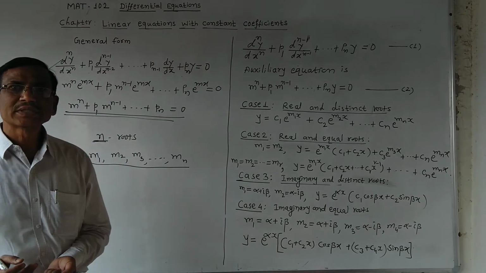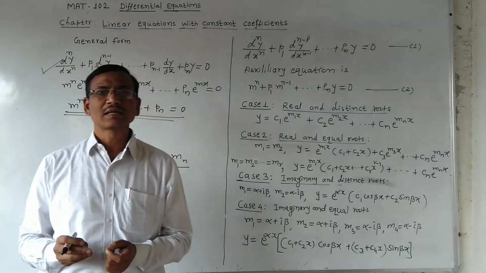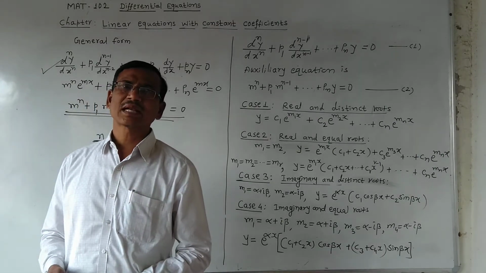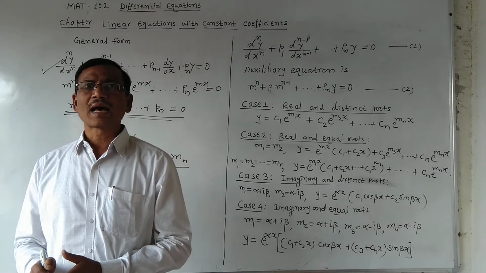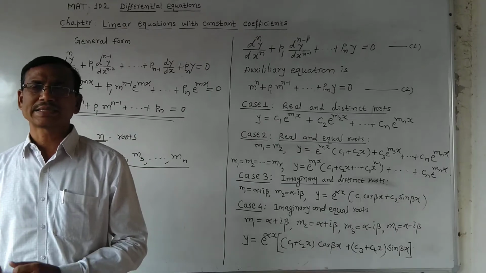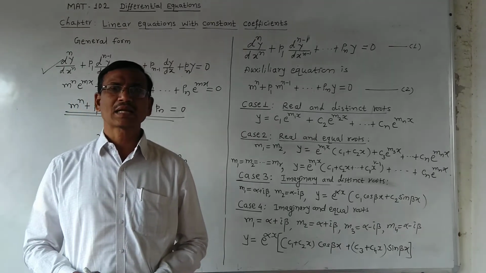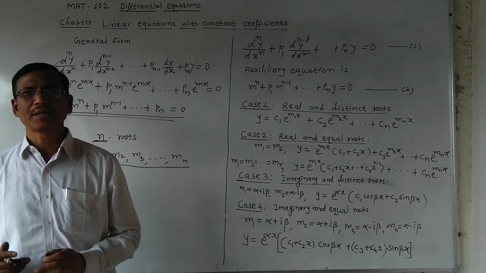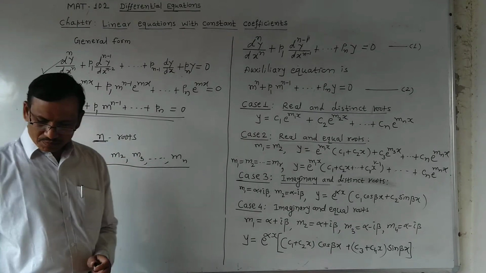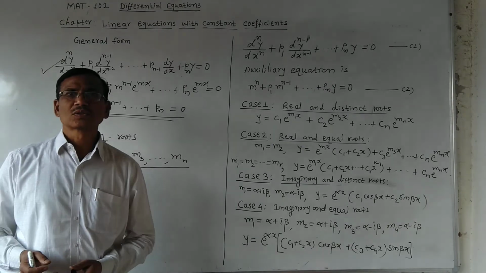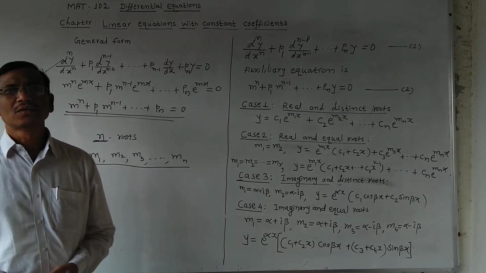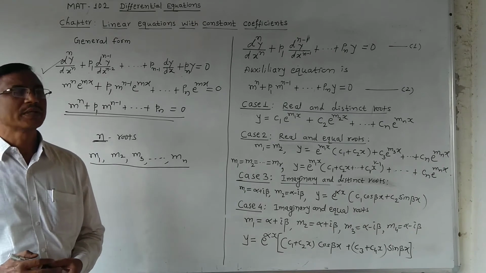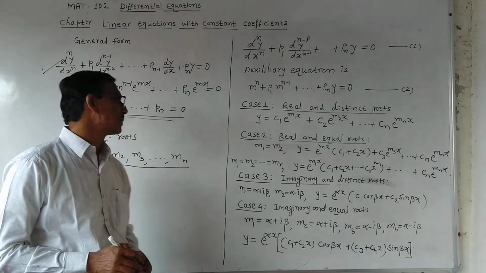In the second case, the roots are real and equal. In the third case, the roots are imaginary and distinct. And in the fourth case, the roots are imaginary and equal. Using these roots, we can write the solution of the given differential equation with constant coefficients.